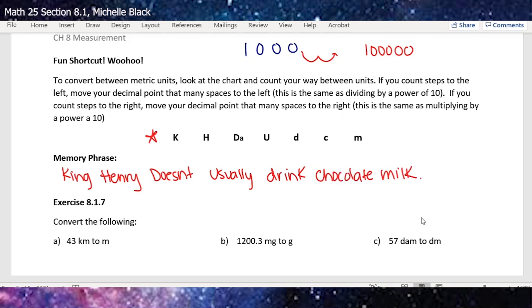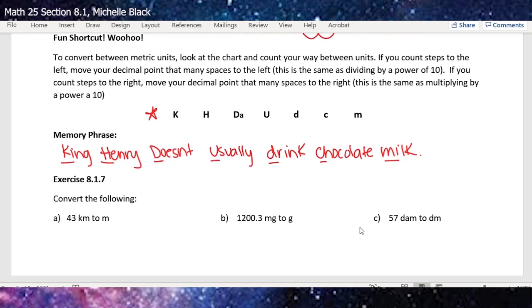So when you're taking your exams or quizzes and you need to do the metric system, you need to know this order. So if you say to yourself, King Henry doesn't usually drink chocolate milk, it'll give you all of the letters you need and in the order you need them.